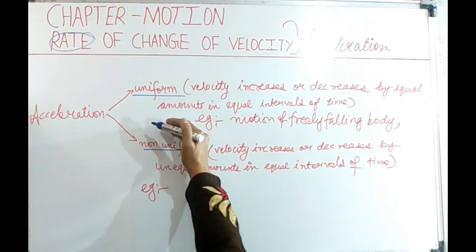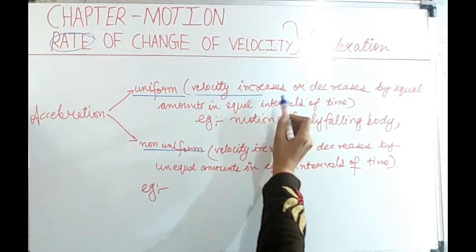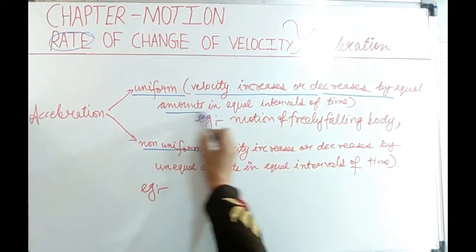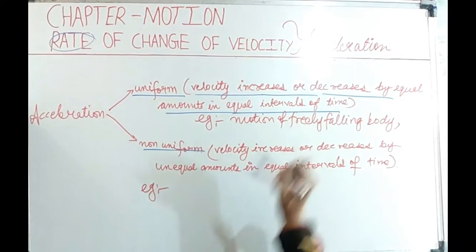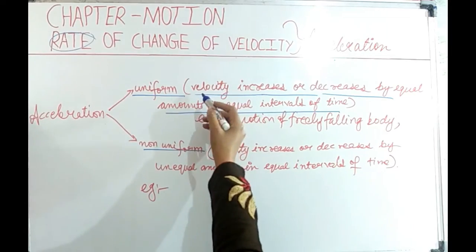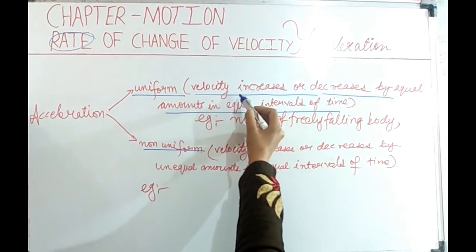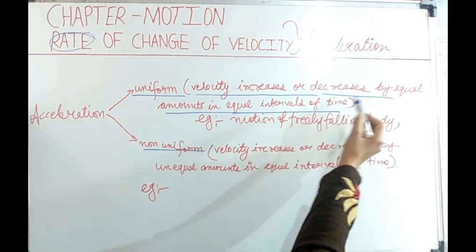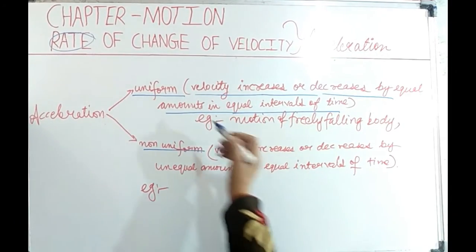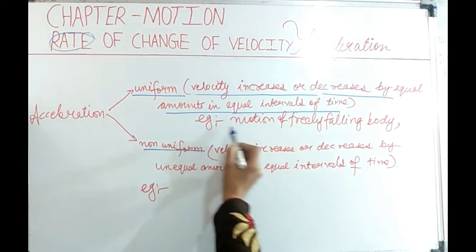Uniform acceleration is when the velocity of an object increases or decreases by equal amounts in equal intervals of time. We can understand this with the help of an example.